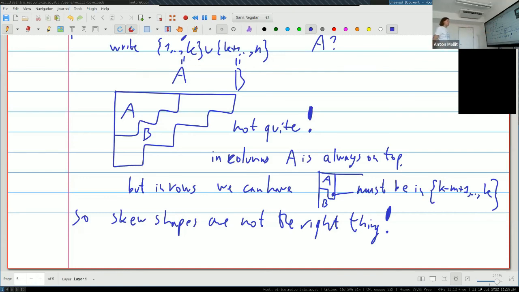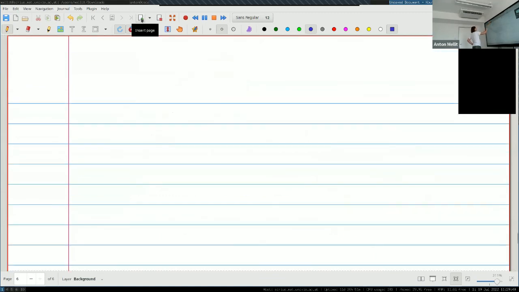But in our case, it's not true. And so what is the right generalization of that?